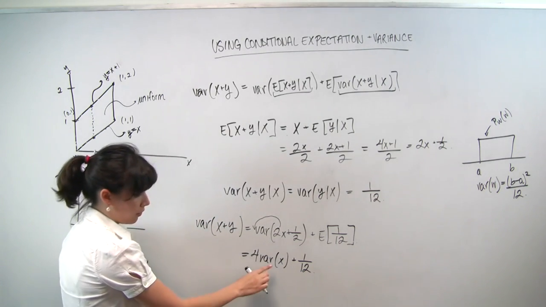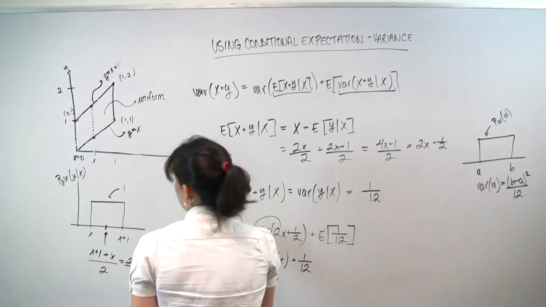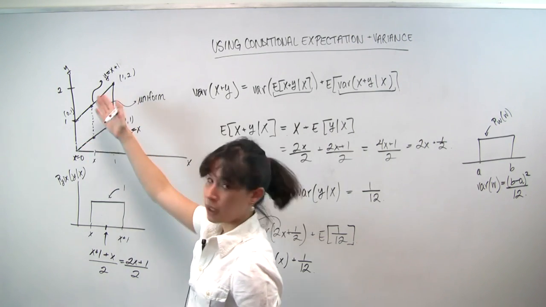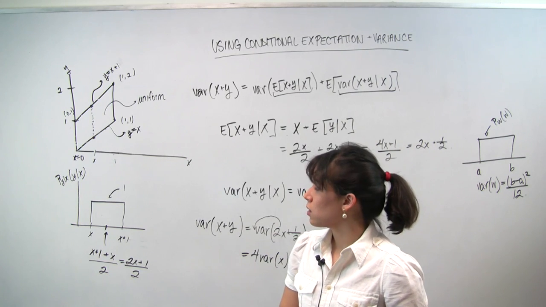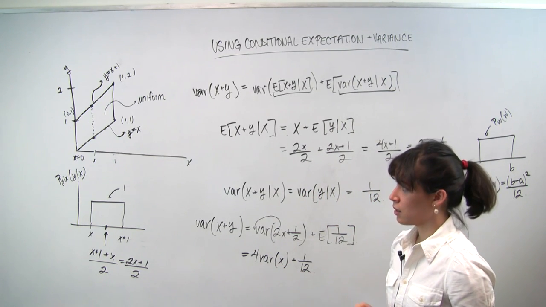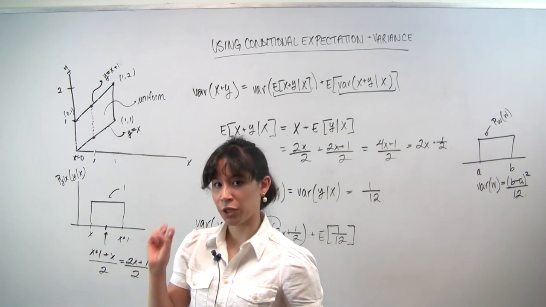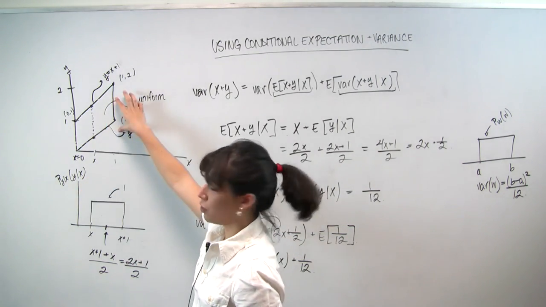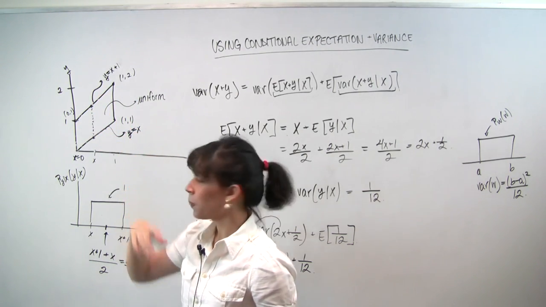And now to compute the variance of x, we're going to use that formula again, and we're going to use this picture. Here we have the joint PDF of x and y, but really we now want the PDF of x so we can figure out what the variance is. Hopefully you remember a trick we taught you called marginalization. To get the PDF of x given a joint PDF, you simply marginalize over the values of y.